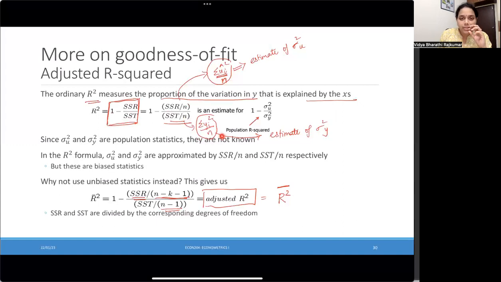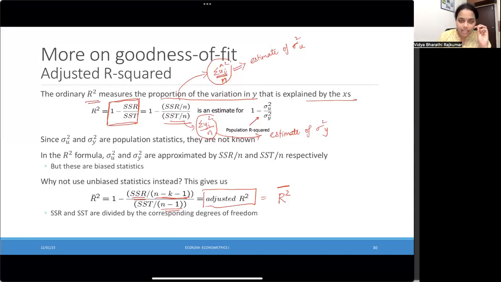So these two expressions in the circles that I've highlighted are both sample analogs of population variances. But note that when you divide these expressions by n, these are biased estimates of the population variance. And we would like unbiased estimates of the population variance. And we only need to do a minor switch to get to that.